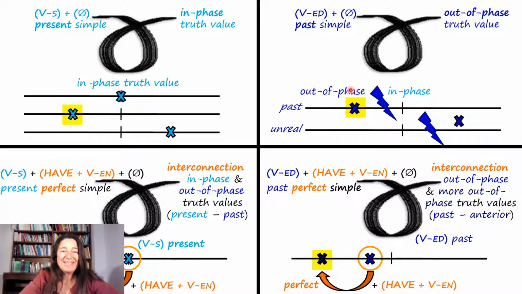And when we use the past tense, that's because we're completely disconnected from what we're talking about. That's just a point in the past and we are out of phase with that event. So we use the past tense. Whereas when we're focusing on the present moment, and we look at what happened before that moment, then we are making an interconnection between these two points, and that's when we need to use the present perfect here.